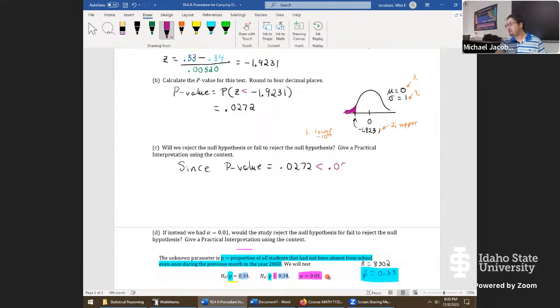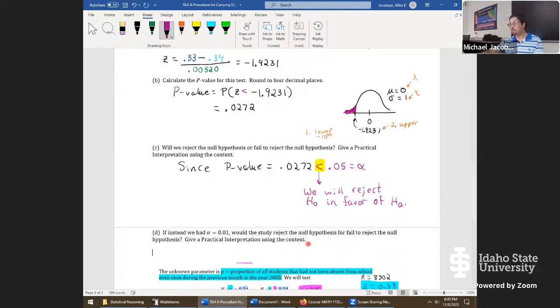It's less than 0.05, which is equal to alpha, and only because of the less than right there, we'll say we will reject H naught, the null hypothesis, in favor of HA, our alternative hypothesis. So that means this study found evidence the alternative hypothesis is actually true. All we have to do now is write that out as our overall conclusion to this problem.